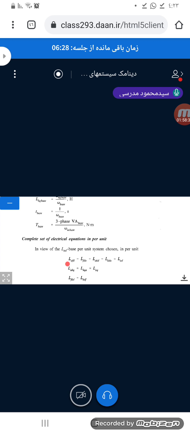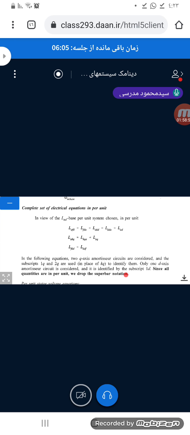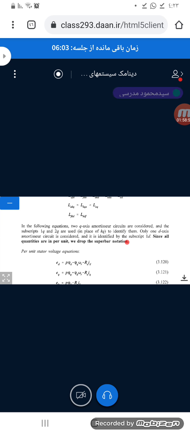In per unit we have AFD is equal to LF, LAKD is equal to LKDA is equal to LAD. That is very simple for me.